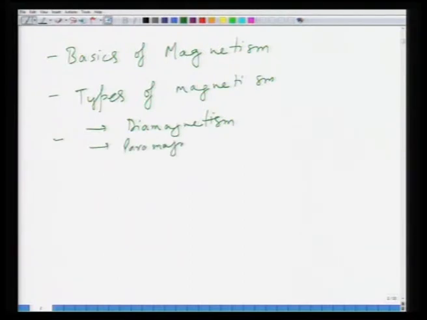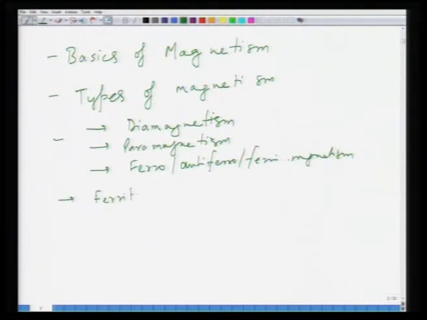These are various kinds of magnetisms, ferro, antiferro and ferrimagnetism, and followed by we will discuss basically ferrites and other magnetic ceramics, followed by applications.